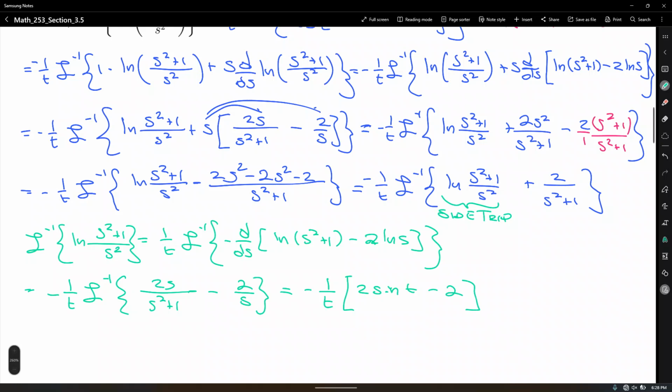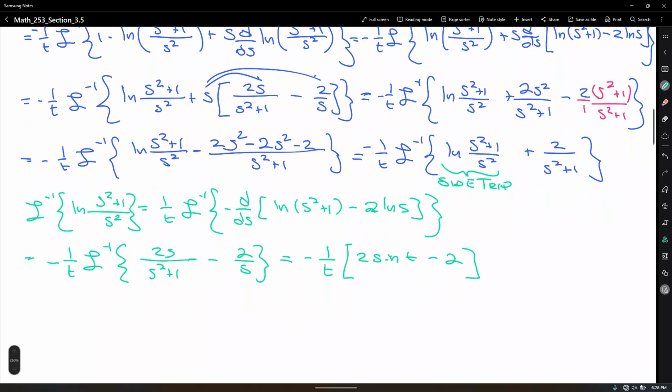We could use that negative to reverse the order, that's 2 minus 2 cosine t, everything divided by t.